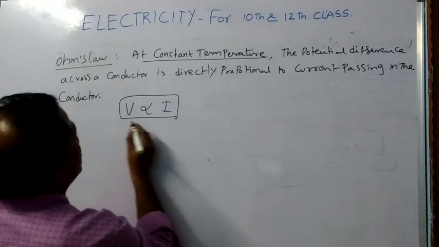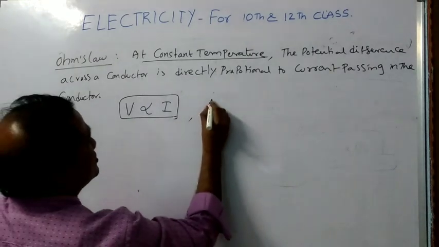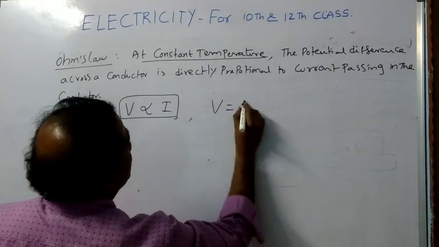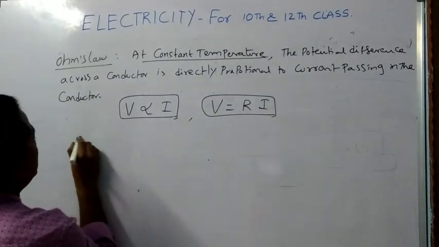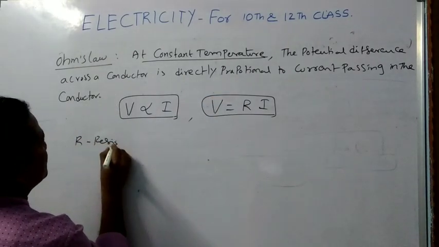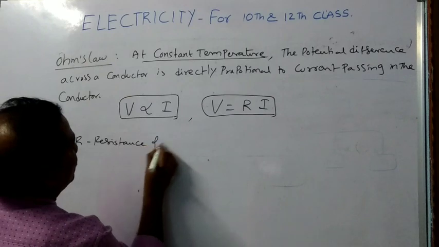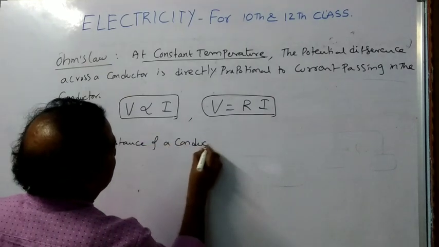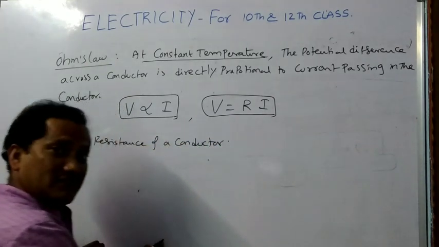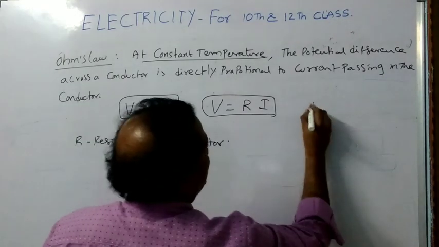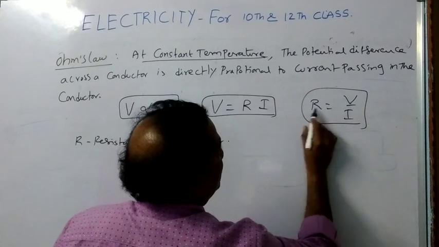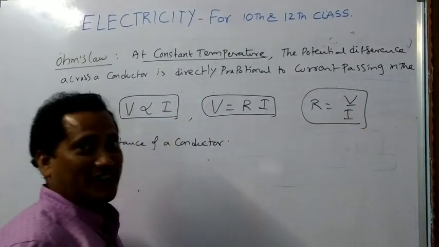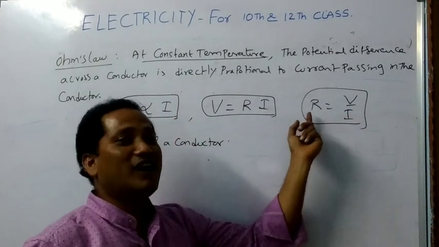Or, to remove the proportionality, a constant is introduced which we call R, the resistance of a conductor. This is the proportionality constant. You can simply write that R is equal to V by I. That means R is not directly proportional to potential. Okay, remember this. So R is a constant.